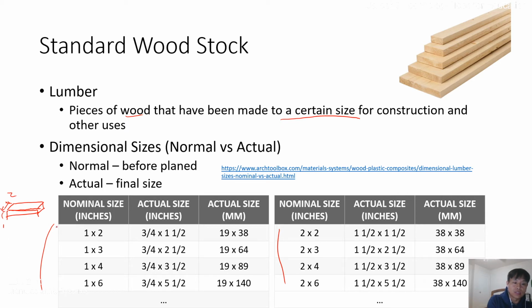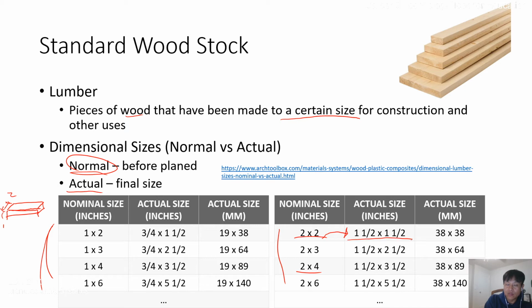These represent this side, and the side has two sizes: one is nominal, and the second is actual size. The nominal size is the size you can see on the label. If you go to the wood store, they sell wood with standard sizes, as I mentioned, like 2 by 2, 2 by 4. But the actual size is slightly different.